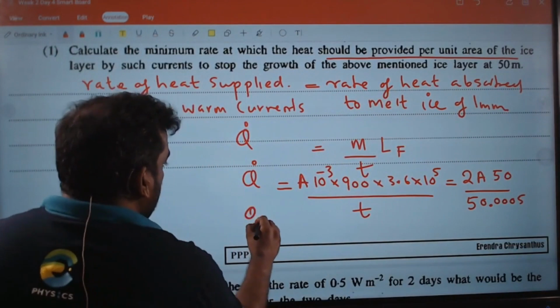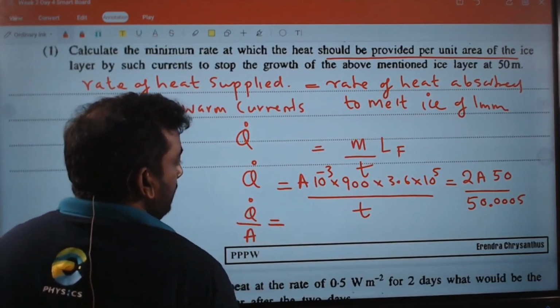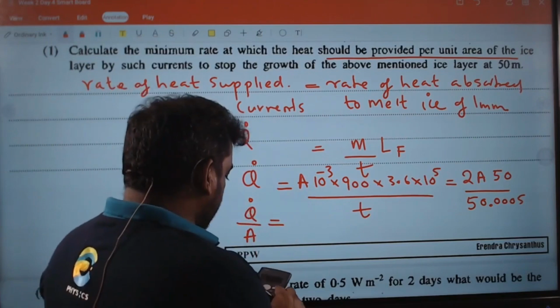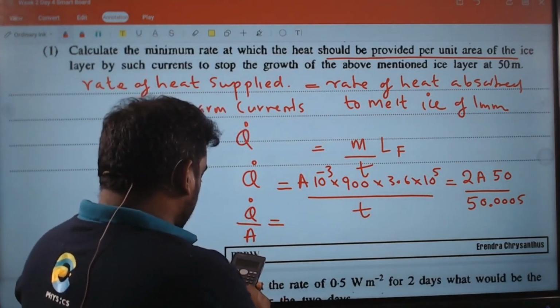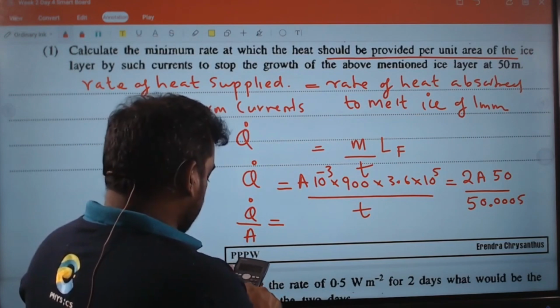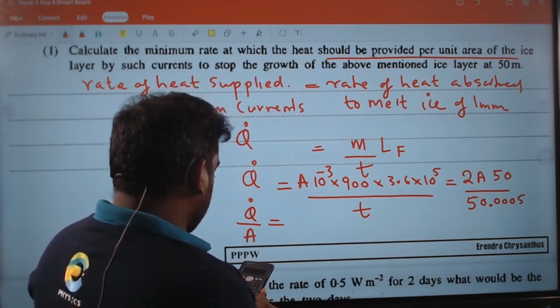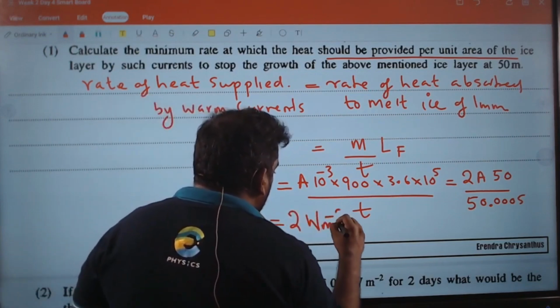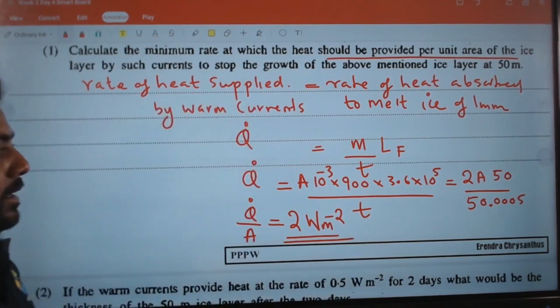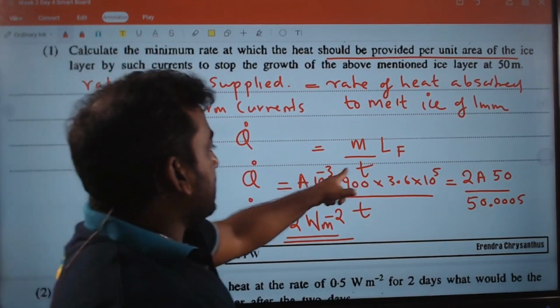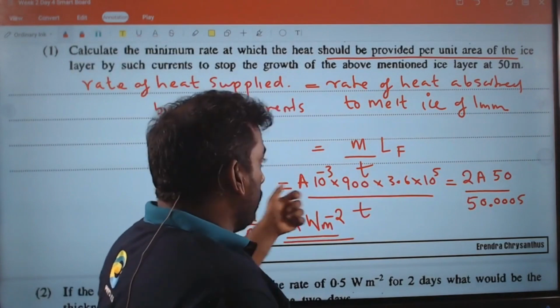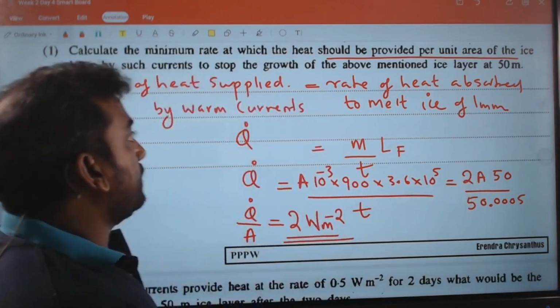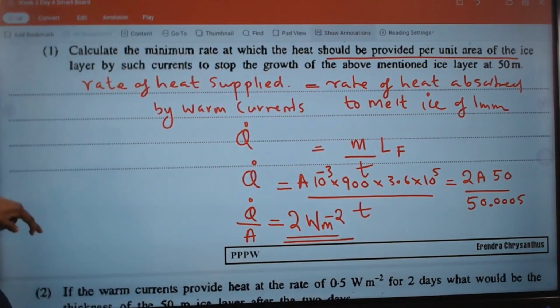So Q dot per area is 100 divided by, so approximately 2 watt per meter square. Because this answer is equal to that, Q dot per area is this amount, right?